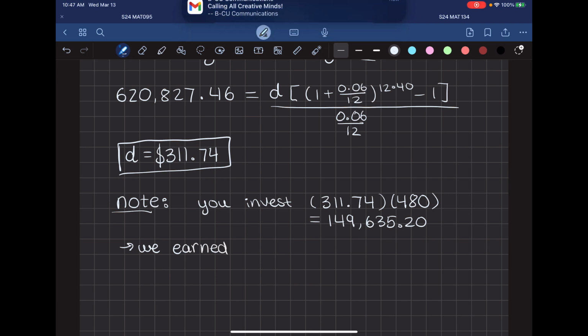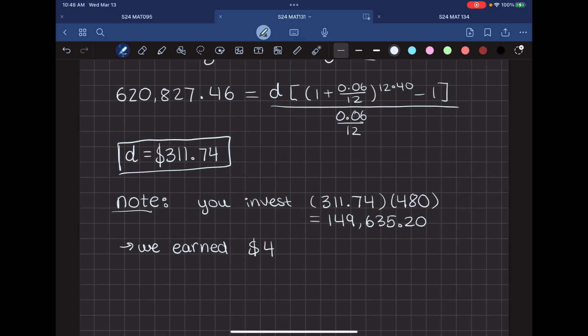We earned, if we just take the 620,000 blah blah blah and subtract off the 149,000 blah blah blah, you'll figure out the interest that you earned, which is $471,192.26 in interest over the 40 years, right? So that's cool, right?